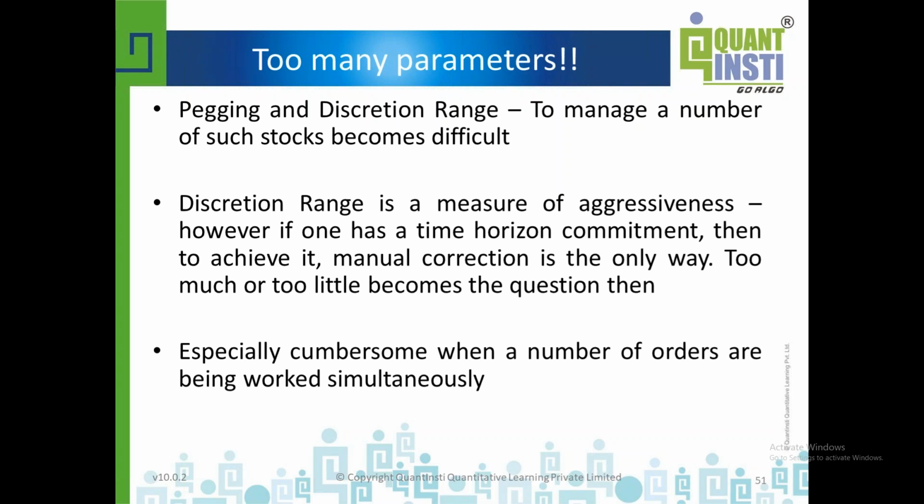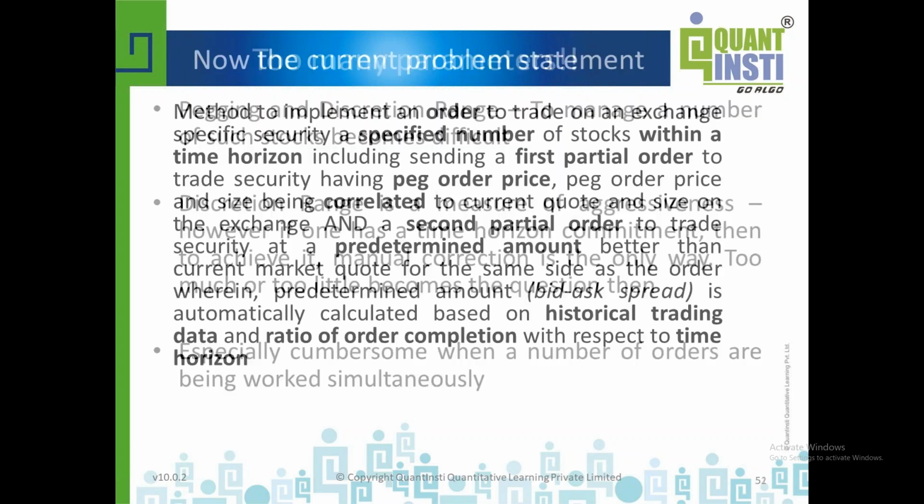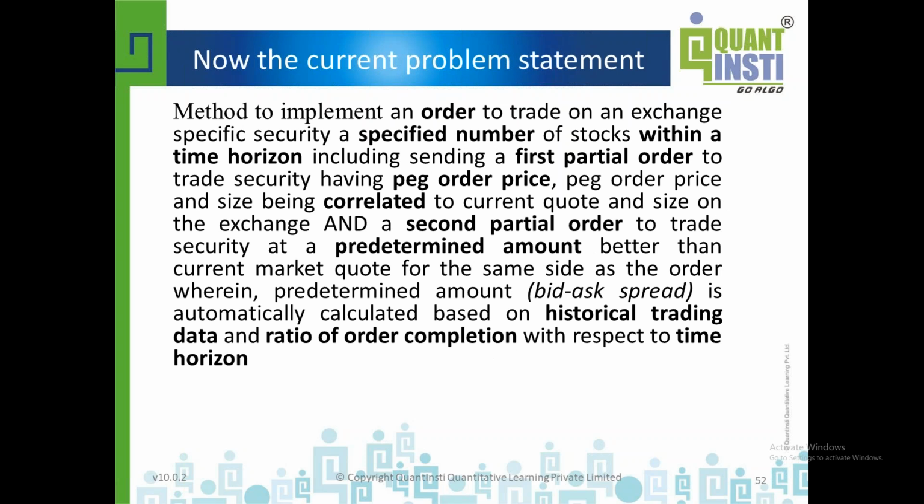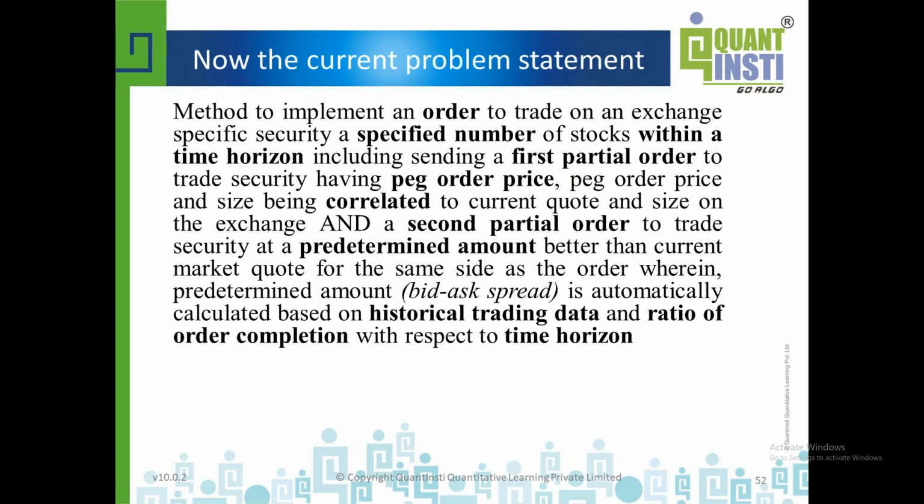It's cumbersome because of the number of orders being worked simultaneously. Frankly, in today's world with great order managers and whatnot, this is not a drawback, right? So let me just discuss that, and then I will take a break for 5-10 minutes, right?